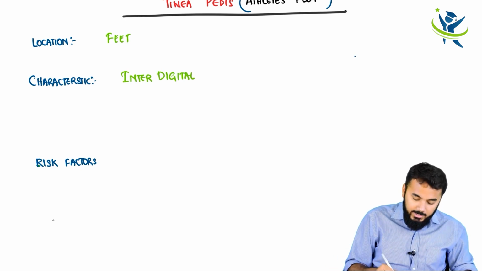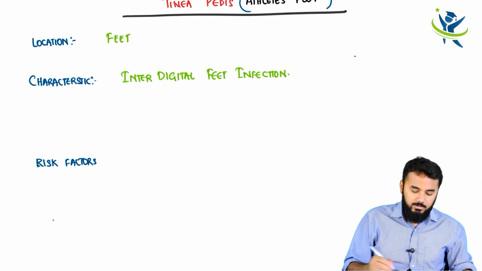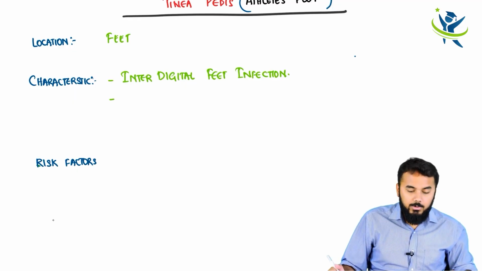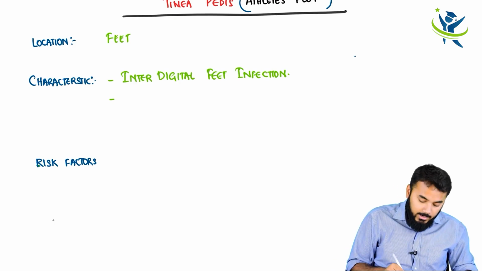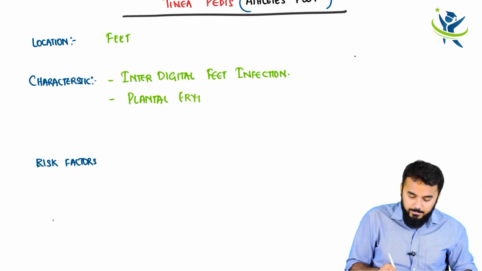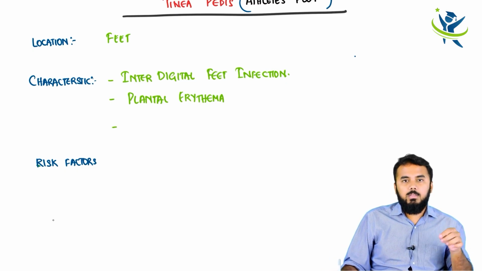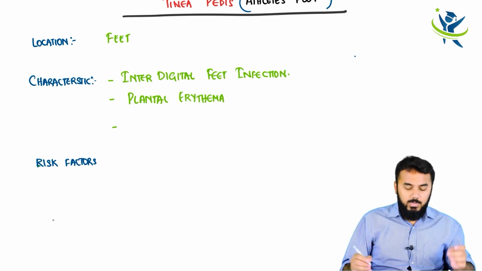Point number 1: it is an interdigital foot infection. Point number 2: there can be a plantar erythema, and sometimes you will also find some vesicles as well as pustules.